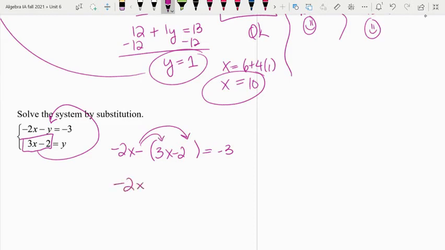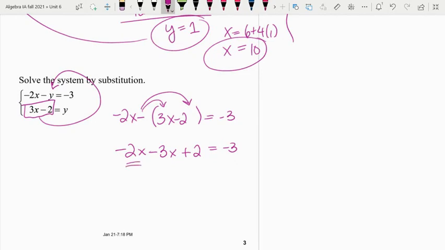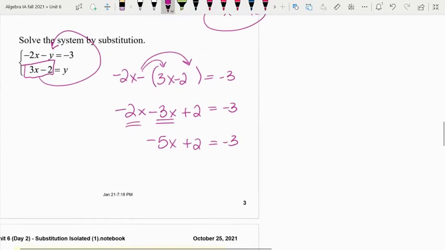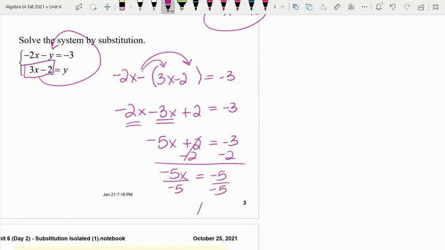So negative 2x, distribute negative, so it becomes negative 3x, plus 2 equals negative 3. Combine like terms, these two are like terms. So negative 5x plus 2 equals negative 3. Subtract 2 on both sides. So negative 5x equals negative 5. Divide by negative 5. So x equals 1.